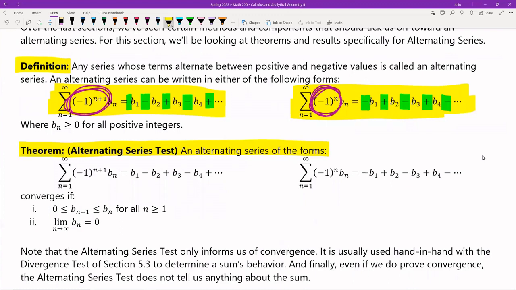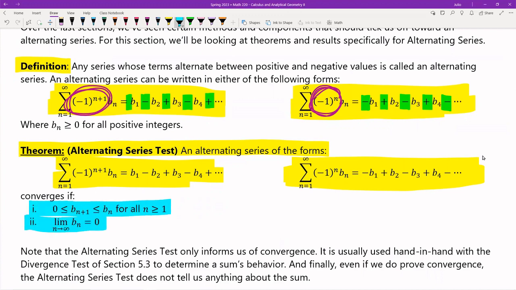The alternating series test works on either one of these forms, the same ones I just covered above, where it starts with a positive or it starts with a negative. An alternating series converges if both of these conditions are true, the first one here and the second one here.